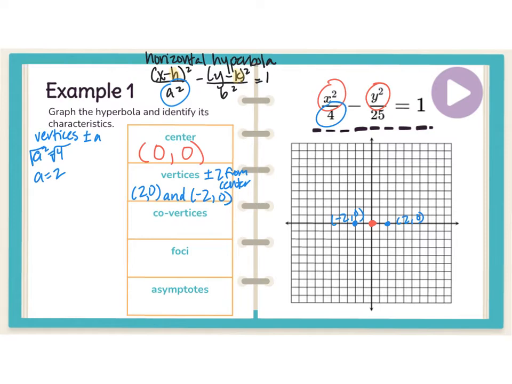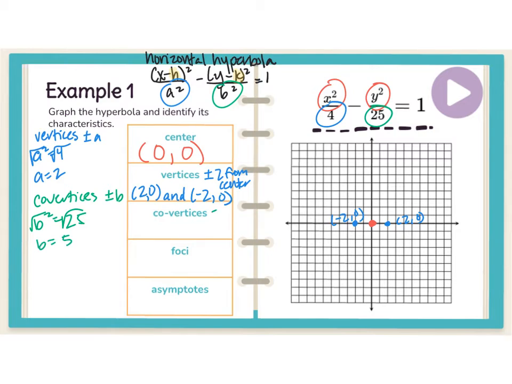Now we use b to find the co-vertices. So the co-vertices are plus minus b. b squared equals 25. Square root both sides to get b equals 5.